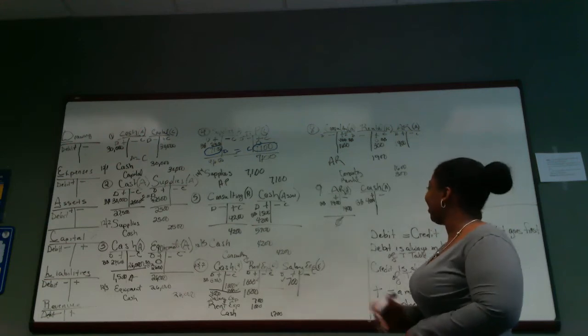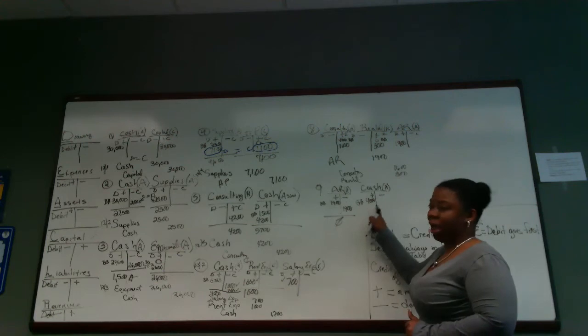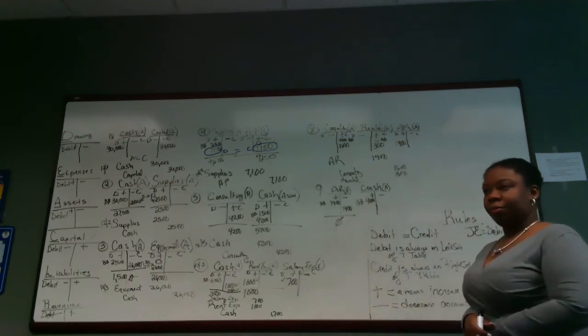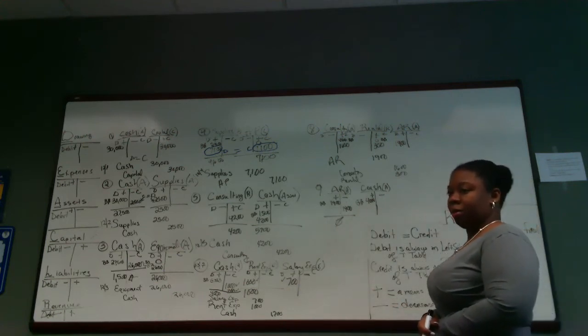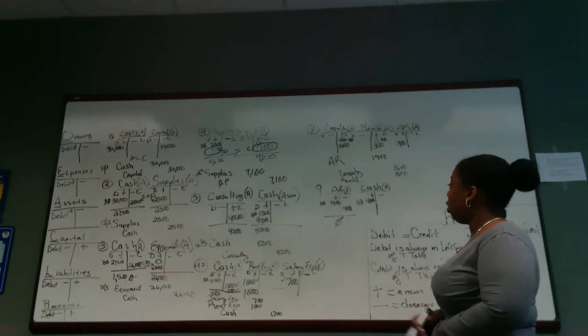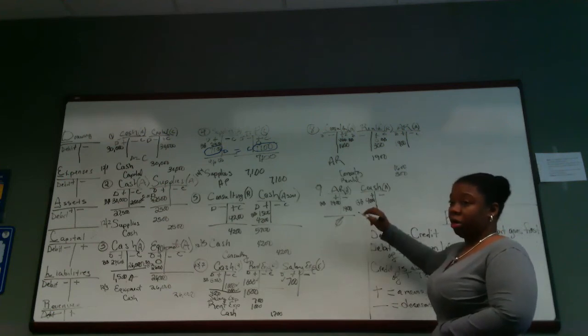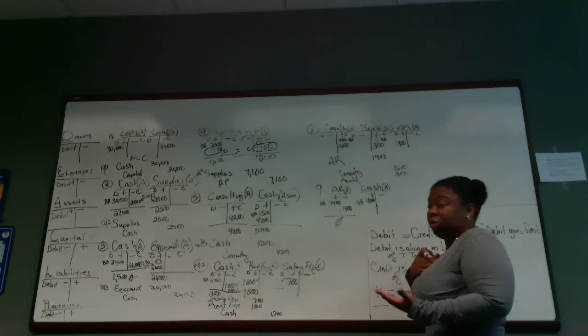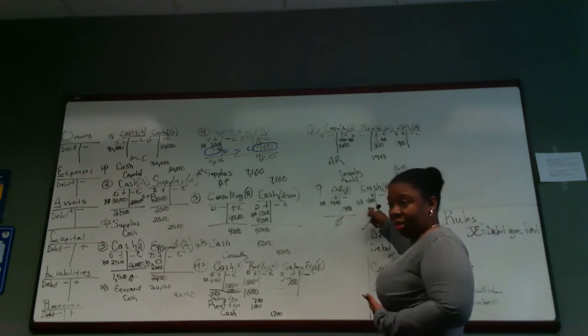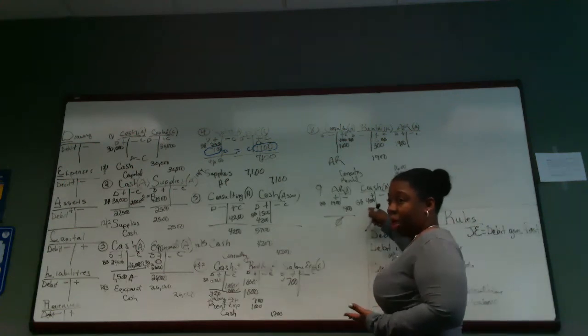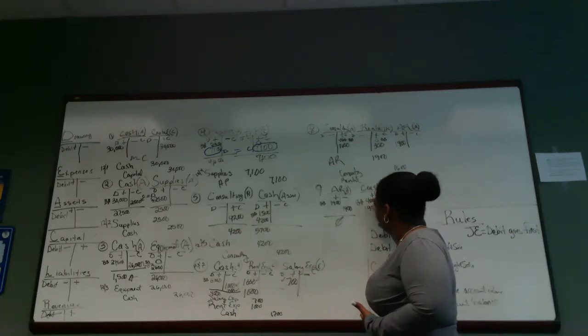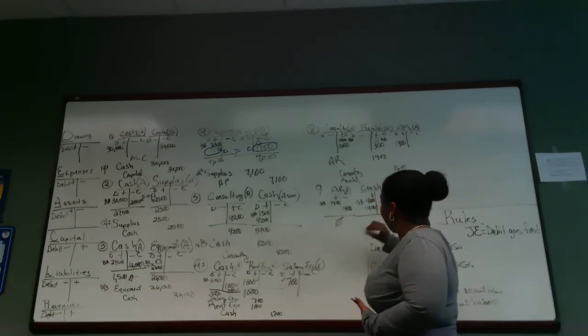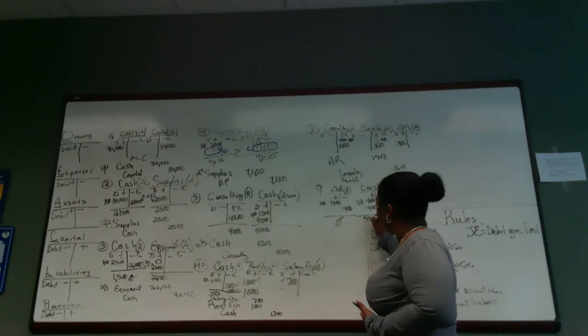Boom. And then what happened to our cash? It went up by 1,900, because they gave us 1,900. So instead of having $4,000 in our cash account, we now have another 1,900. Our cash balance is going to be $5,900.